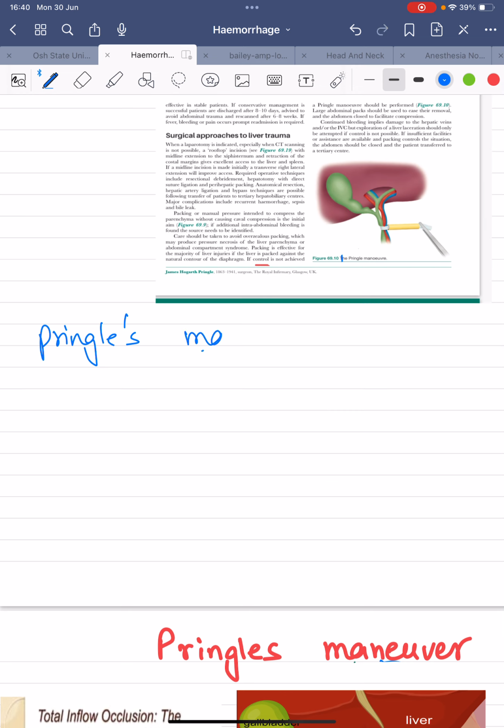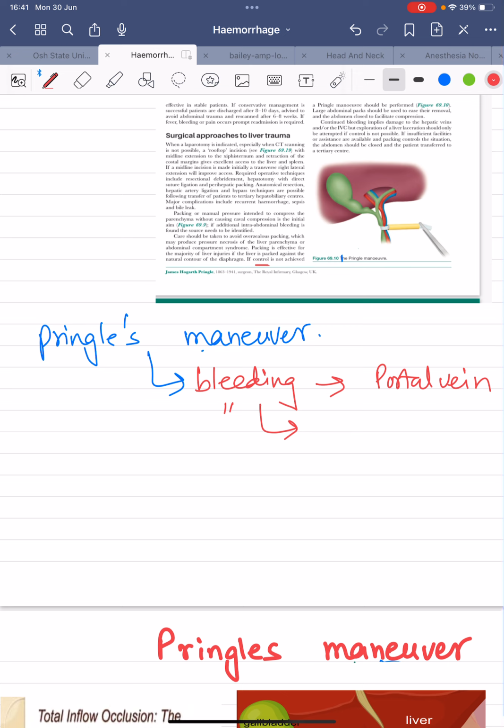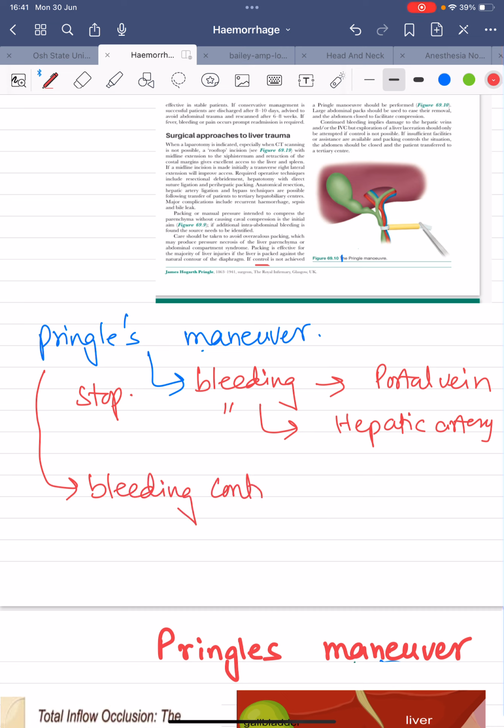Please remember, if the bleeding is from the portal vein or from the hepatic artery, then the Pringle maneuver will stop the bleeding. But if you perform the Pringle's maneuver and bleeding continues, it means the bleeding is from the inferior vena cava or the hepatic vein.